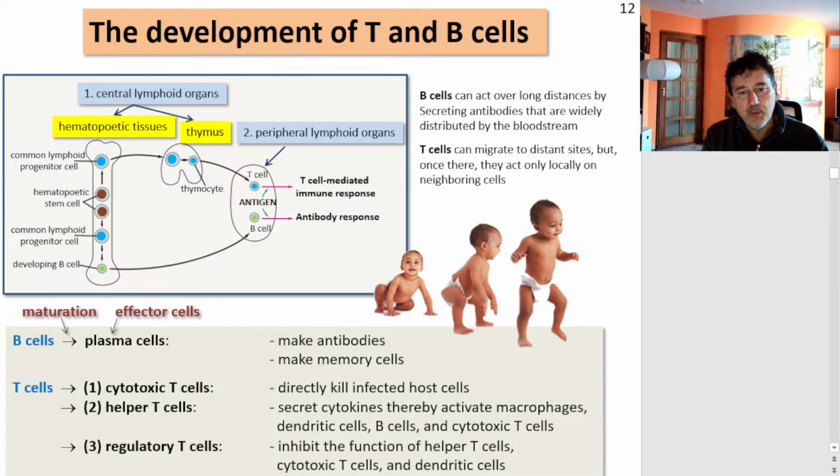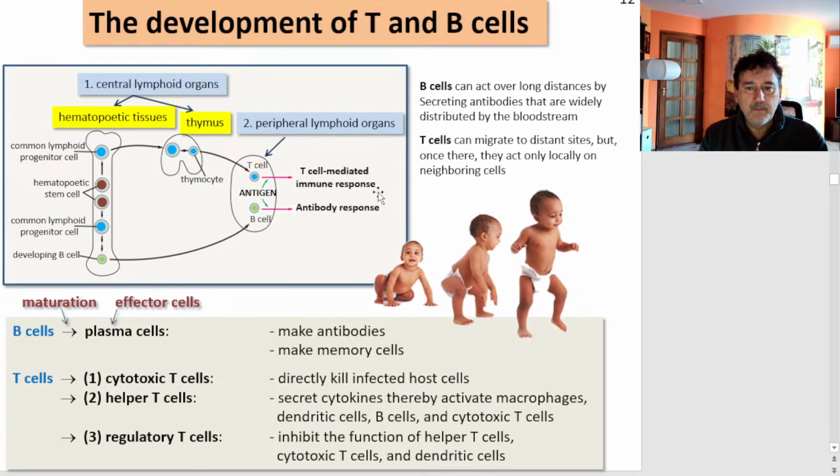B stands for bone marrow, while the T cells, after a certain step of differentiation, will migrate to the thymus and complete the differentiation in the thymus. Thymus, T, therefore we call them T cells. Here comes the name.